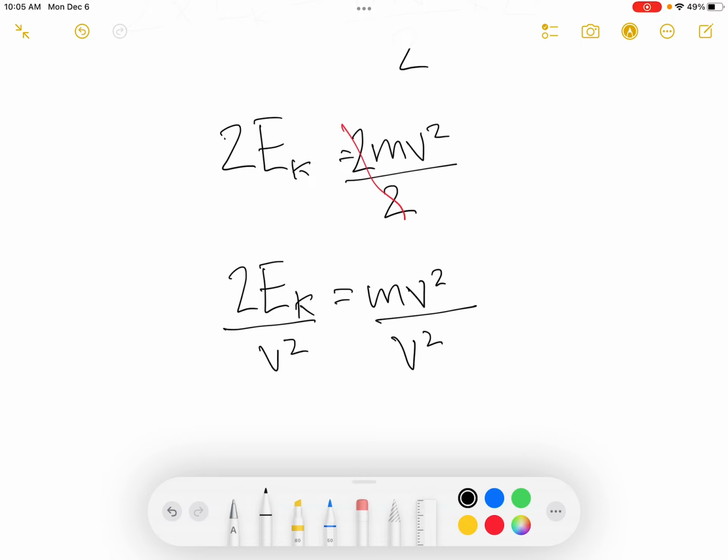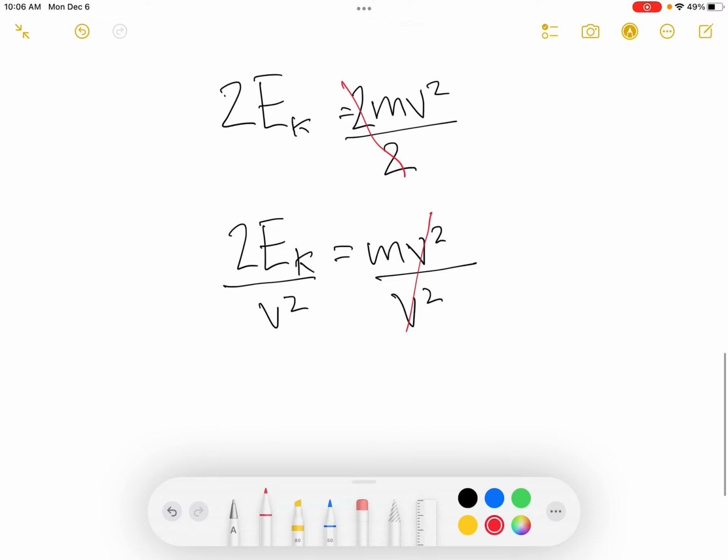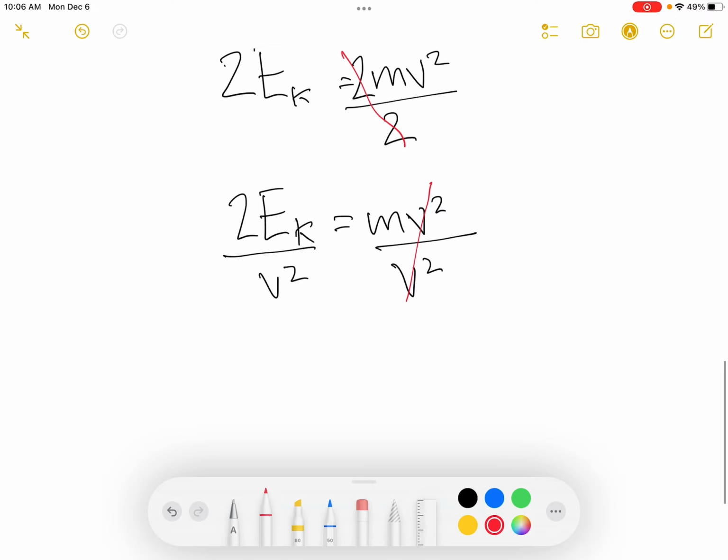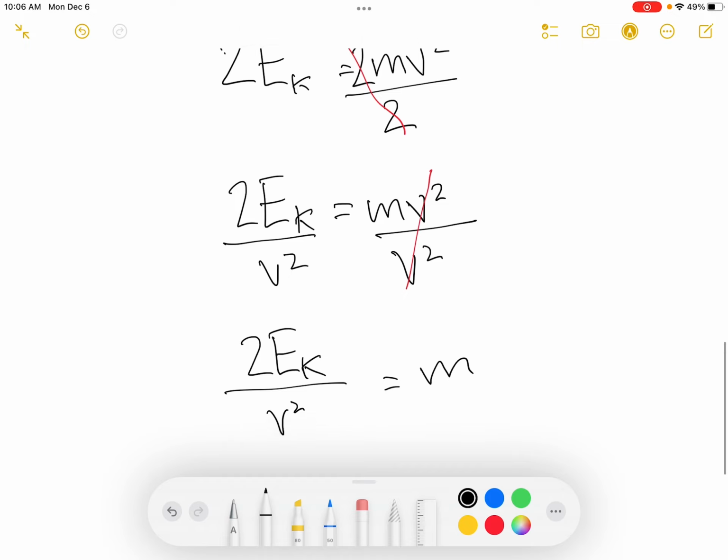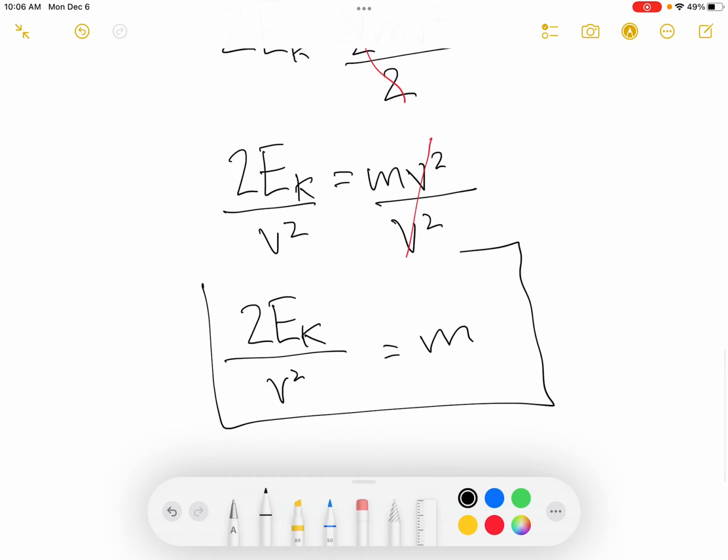That's our first superpower. And so we have v squared divided by v squared, which is 1. So we have 1 times m. 1 times m is just m. So let's rewrite this now. We have 2 times the kinetic energy divided by the square of the velocity is equal to m. We have just isolated for m.